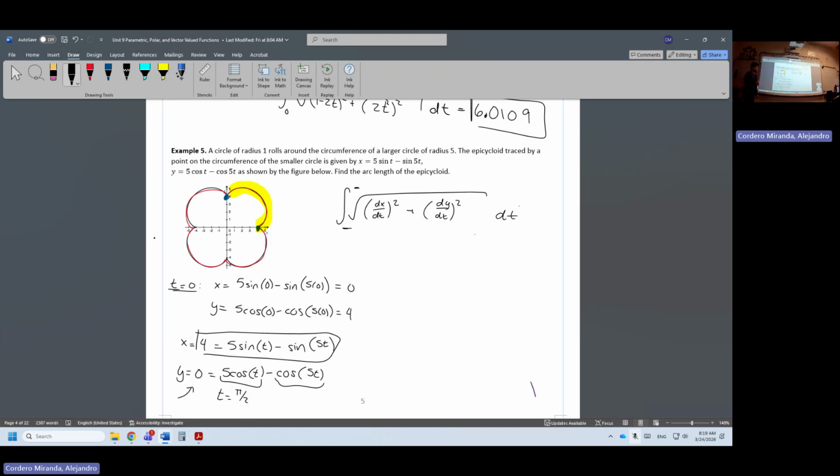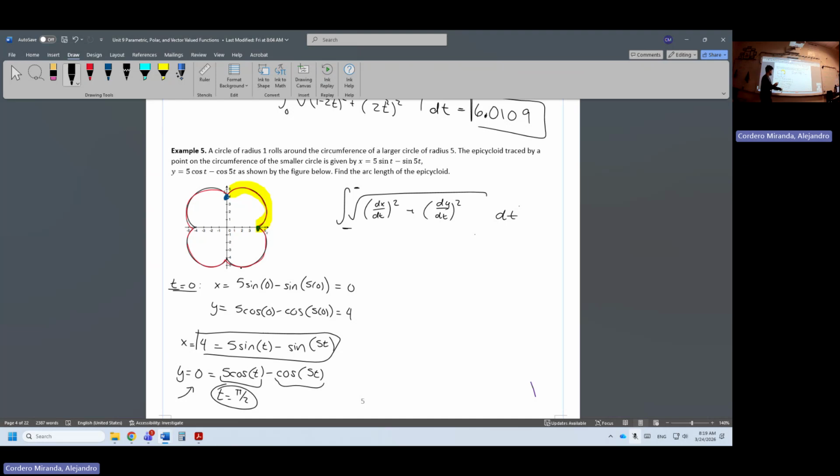The short version is I'll let you think about that on your own. I don't think this problem is super important that you understand all the details, especially because I'm trying to get to today's stuff. But you can take my word for it that pi over 2 would be the first time that this touches the x-axis.